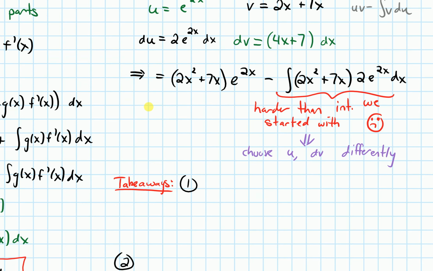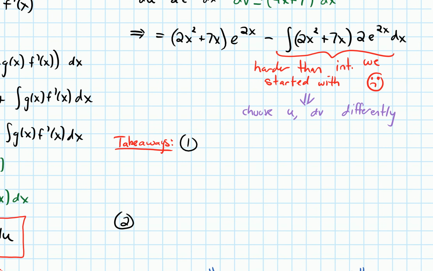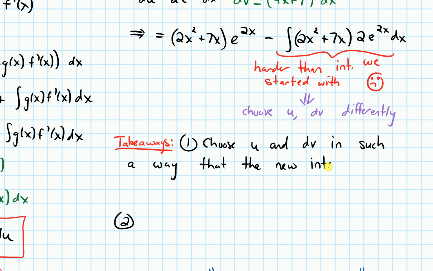So there are two takeaways that I want to write, and then a couple of comments. The first takeaway is choose u and dv in such a way that the new integral, the integral of v du, becomes easier than the original.